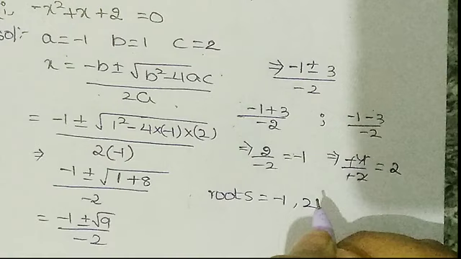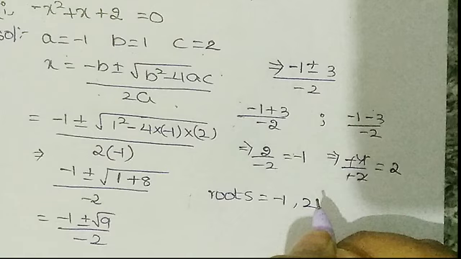So from this, for simple calculation I am rationalizing by root 5 by root 5. Here 12 cancels, so one of the roots is minus 1 by root 5.